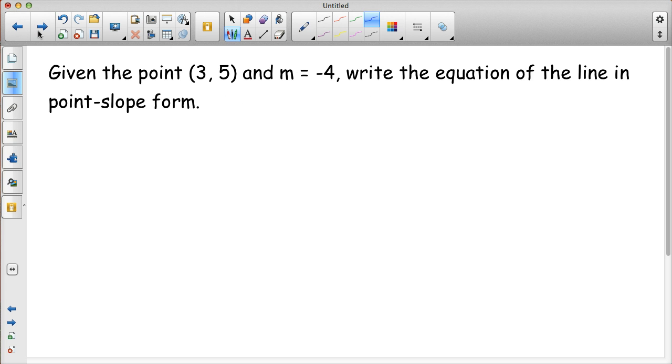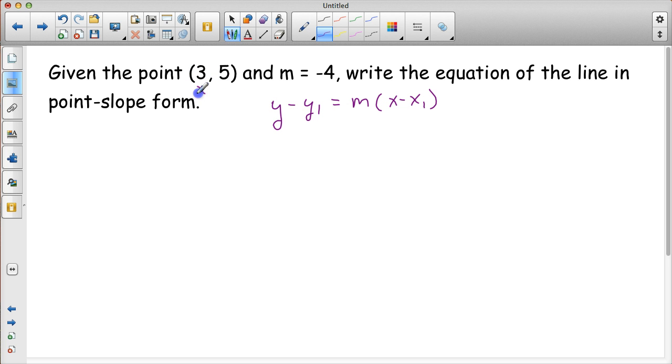First, given the point 3, 5 and the slope m equals -4, write the equation of a line in point-slope form. We should always start by reminding ourselves of what point-slope form looks like. So let's remember it's y minus y1 equals the slope m times x minus x1, where x1, y1 is the given point.